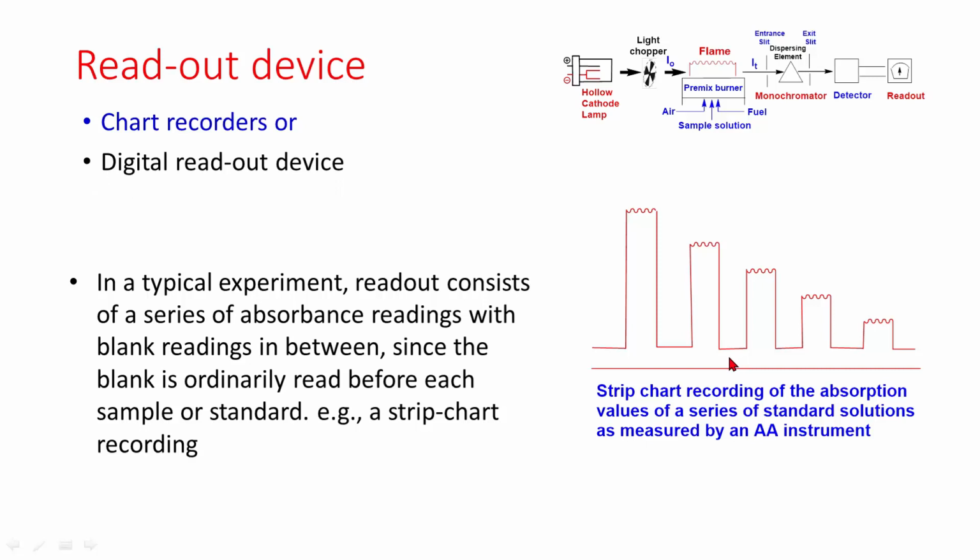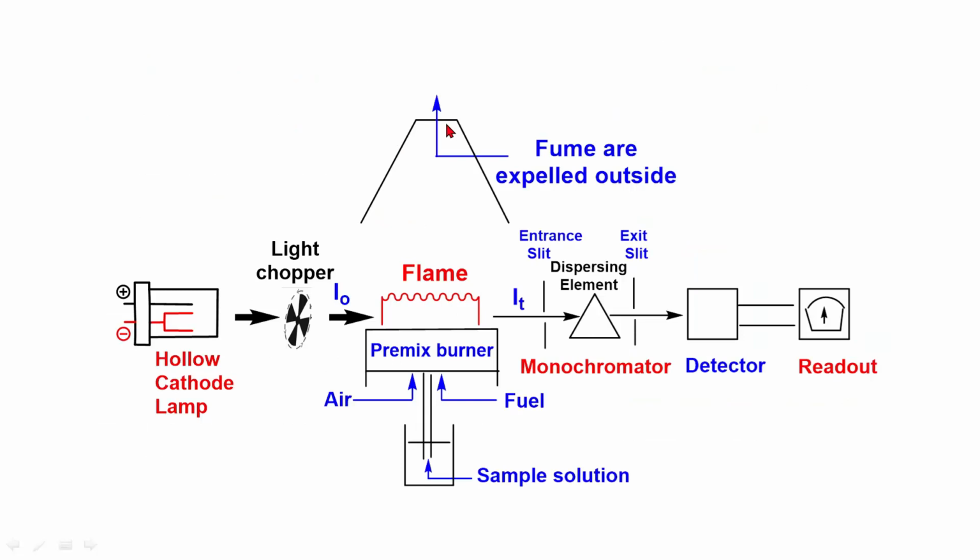Or the readout device can be a digital readout device. The purpose is to measure the absorbance values. In an atomic absorption spectrophotometer, the fumes are expelled out.